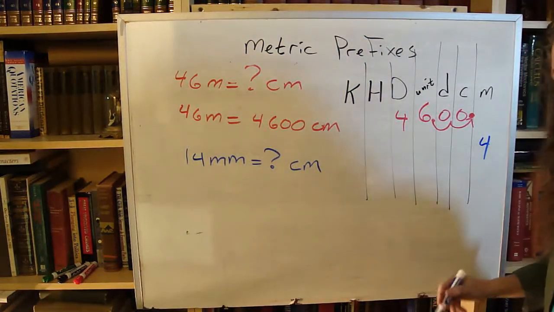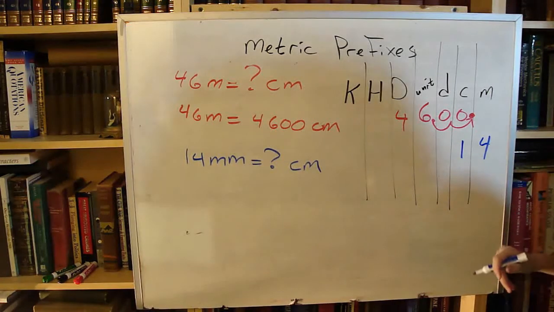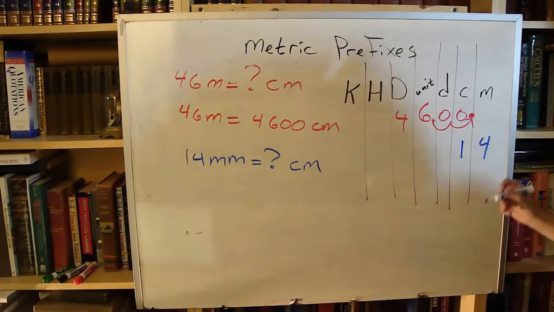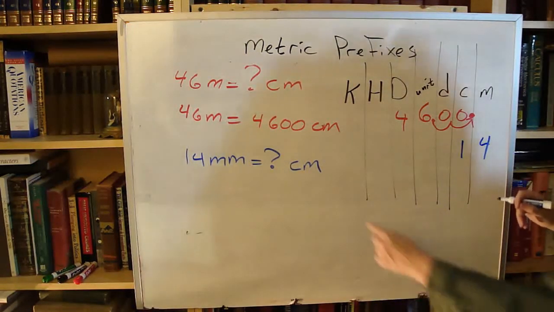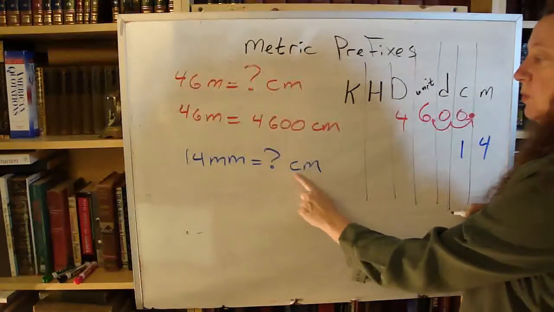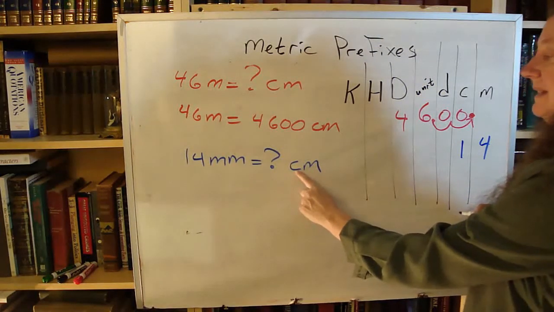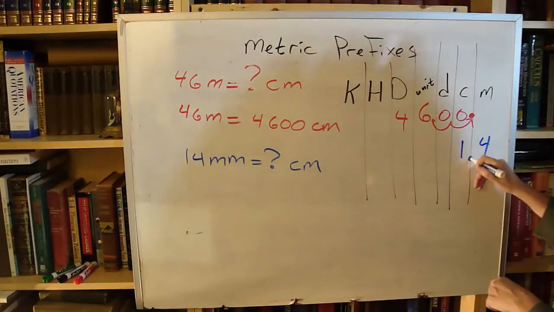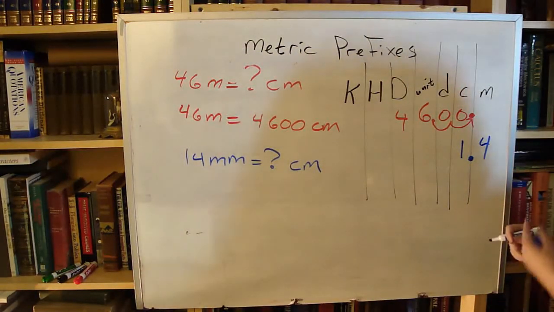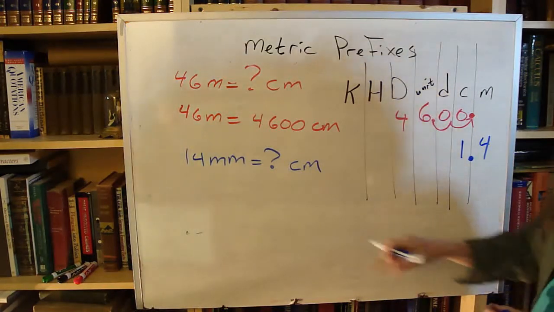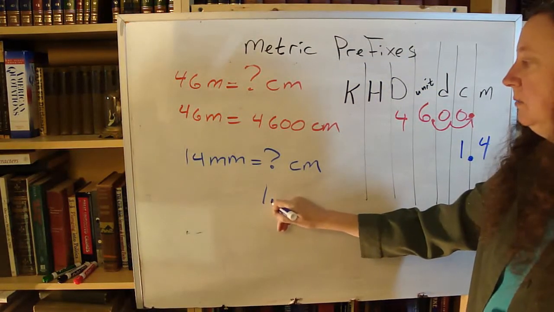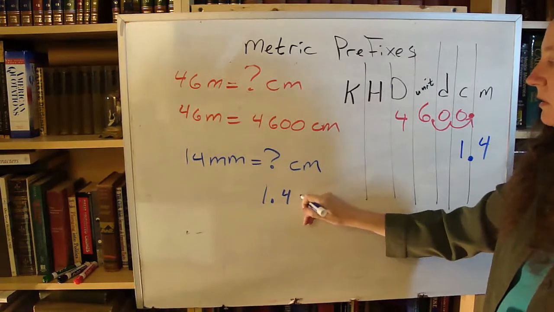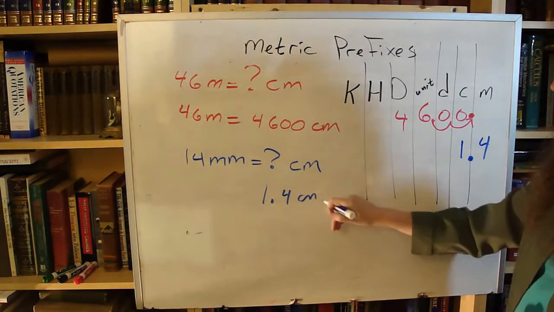The 1 is in front of the 4, so the 1 goes in front of that. I want my new decimal point to be in the centi column, so it's going to go at the end of centi. I now know that 14 millimeters is 1.4 centimeters.